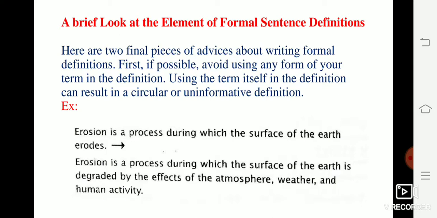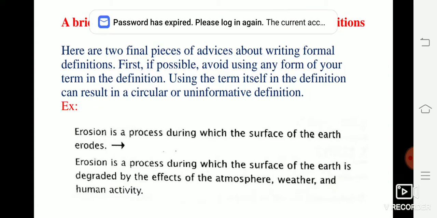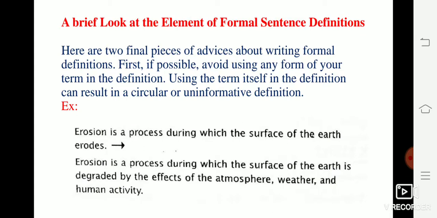Erosion is a process during which the surface of the earth is degraded by the effects of the atmosphere, weather, and human activity. So in this way, you give a more informative definition rather than just the word erodes, which is quite uninformative, quite a repeated word.